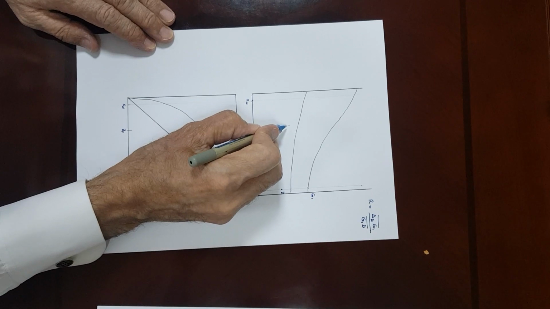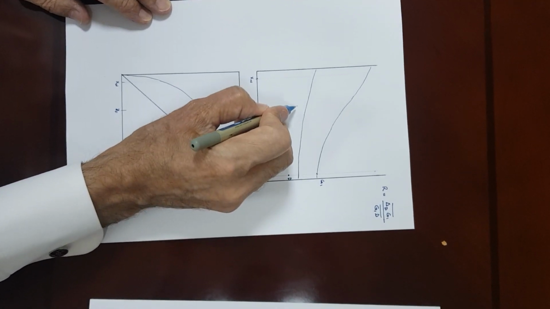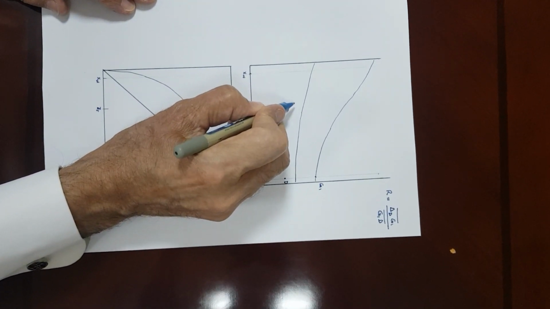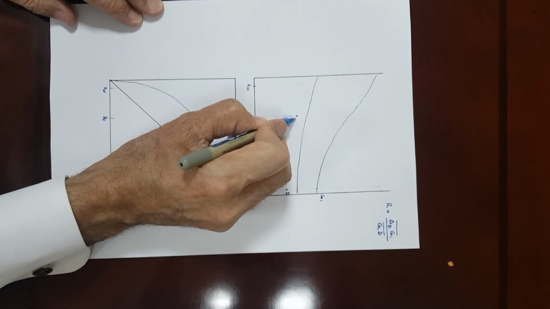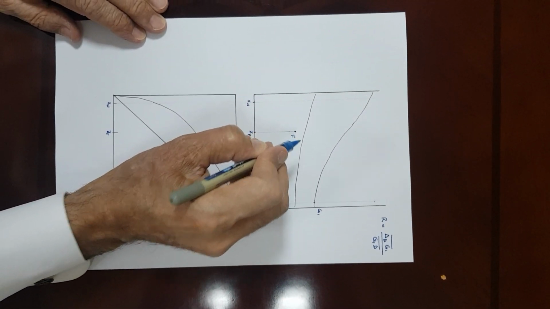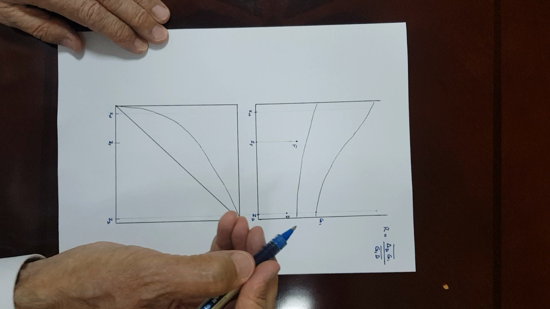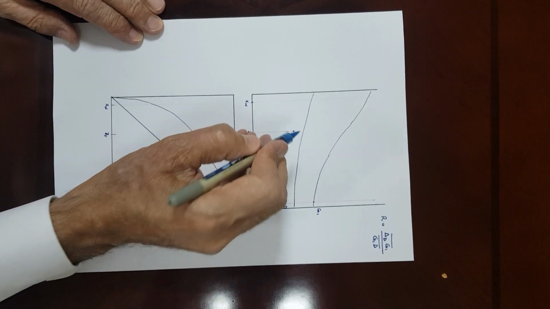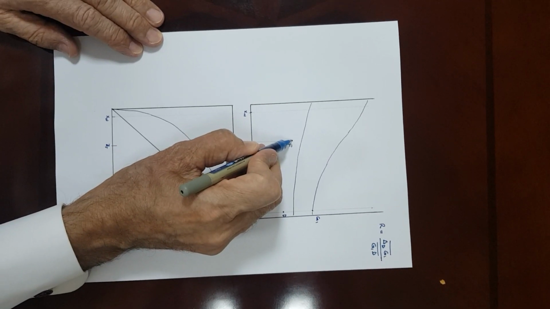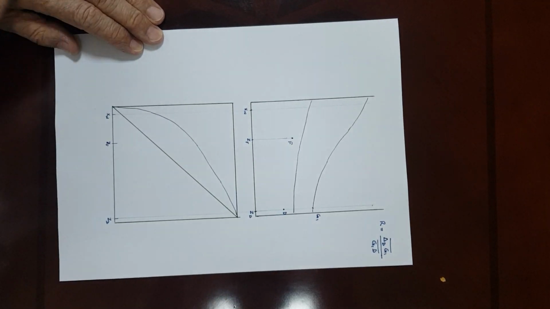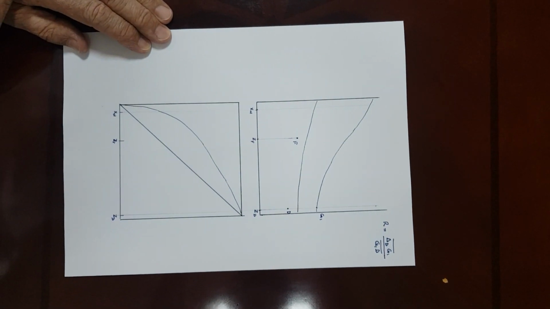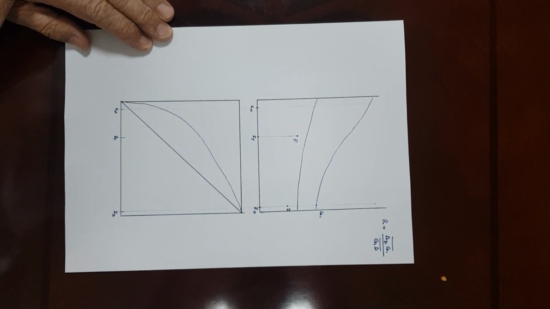And for the feed, you have to specify its condition as well, and let's assume it's over here. The feed is a subcooled liquid, and based on its temperature, you can find this enthalpy. So these are your starting points, and still we don't know the position of delta D.